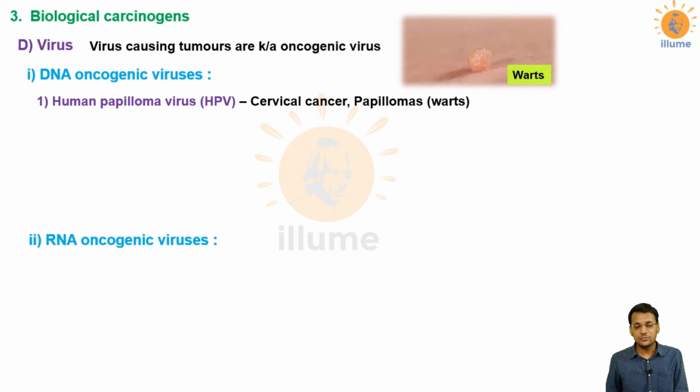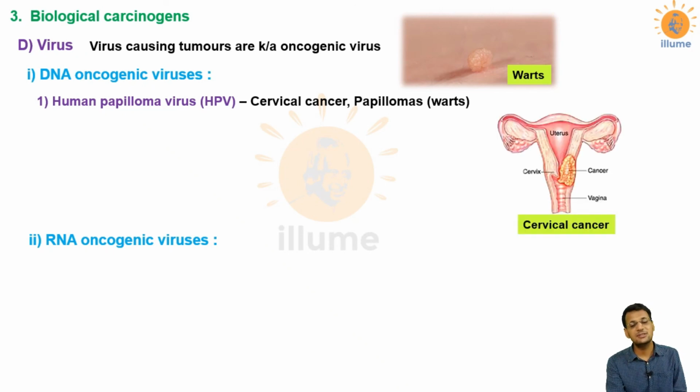This is a wart or papilloma. Cervical cancer, what is the site where it develops? The site is the cervix, that's why it is called cervical cancer. The cervix is a narrow tube present between the uterus and vagina in females, and the cancer that develops here is called cervical cancer, and in India it is a major cause of concern.